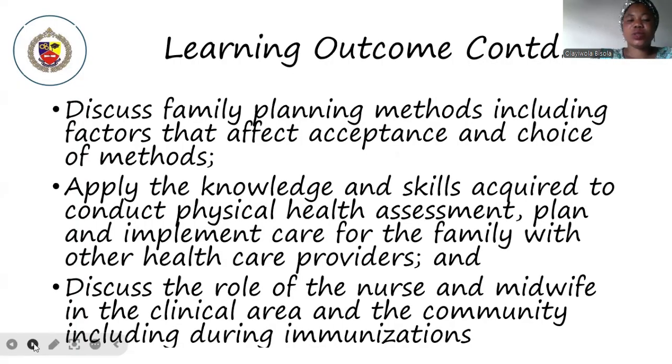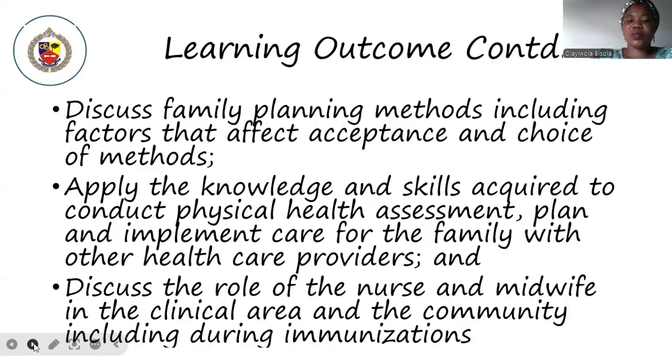The objectives continue. At the end of this semester, you should be able to discuss family planning methods, including factors that affect acceptance and choice of family planning method. Now we have various factors that can affect the uptake of family planning.